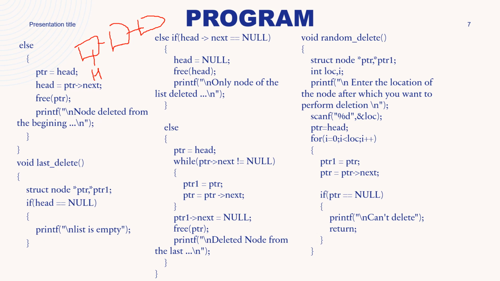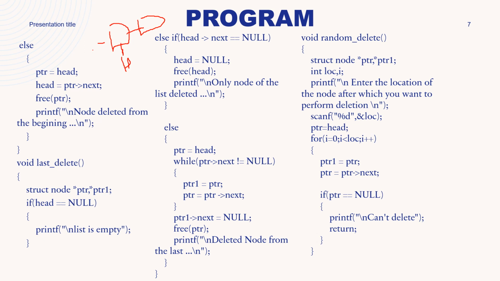To delete this head, the head pointer will move ahead by using the statement head is equal to pointer of next, and head will point to this node, and we can free or delete the old node. In this way, deleting the first node is done.